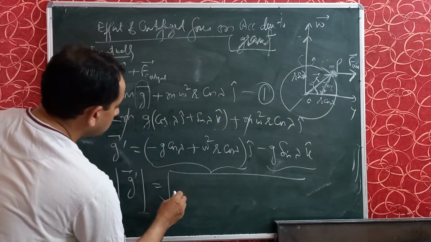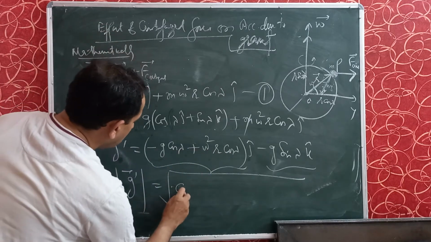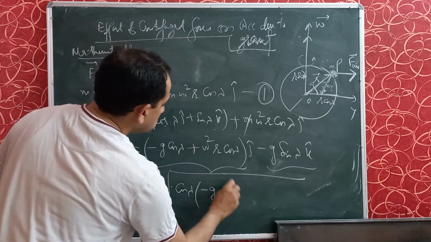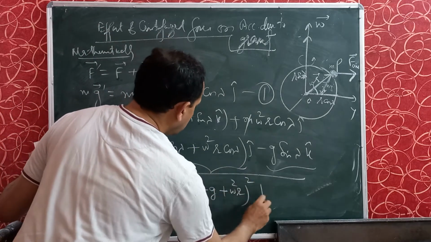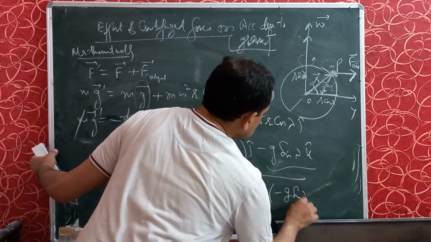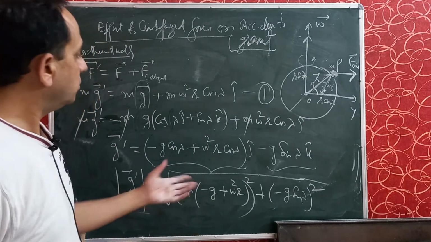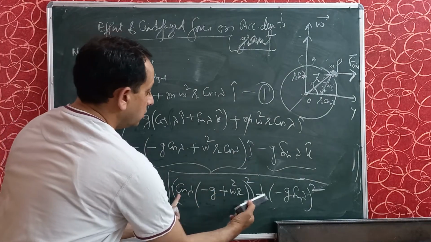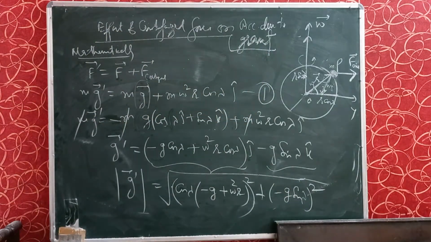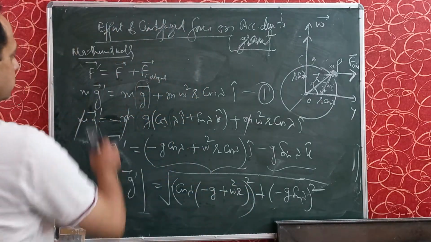Cos lambda is common, so it is minus g plus omega square r, whole square, and this one is minus g sine lambda, whole square. Is it clear? It is the square of the coefficient of j plus the square of the coefficient of k. So we can do the square of these two and we will solve it.